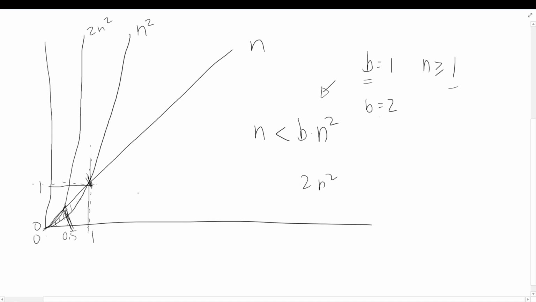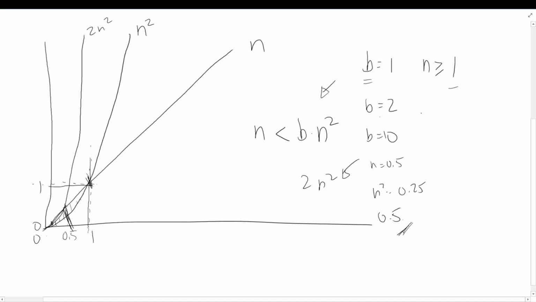If we plug in n equals 0.5, we get n squared equals 0.25, multiplied by 2 gives us right back to 0.5. We found the crossover point again, okay? Now in this case, the crossover point is getting closer to 0. If I pick b equals 10, it's down here somewhere, okay?